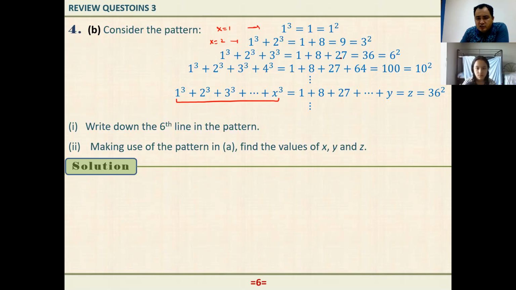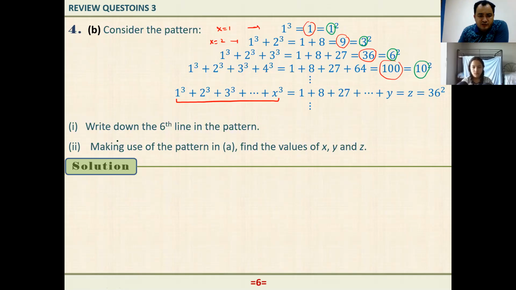And if you notice, each time we got 1, the second number is 9, which is 3 squared. The next number is 36, it is 6 squared. The next number is 100, it is 10 squared. And if you look at these numbers, here we have 1, 3, 6, and 10. We are familiar with these numbers.